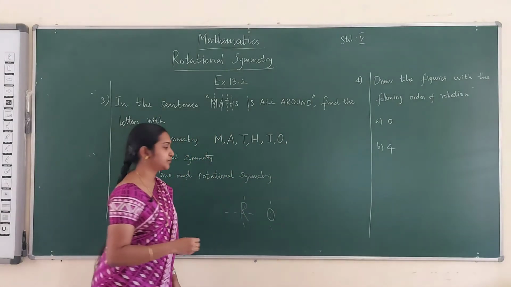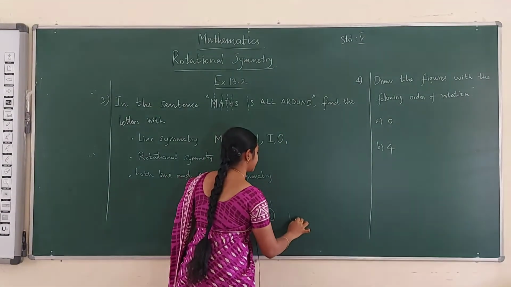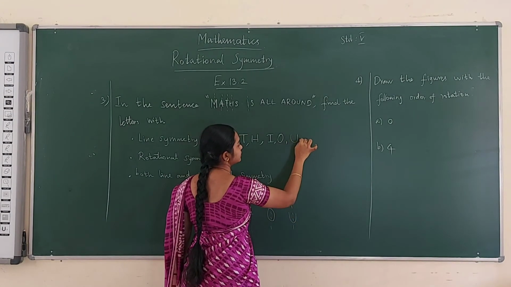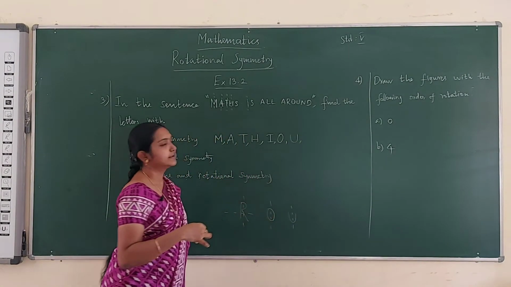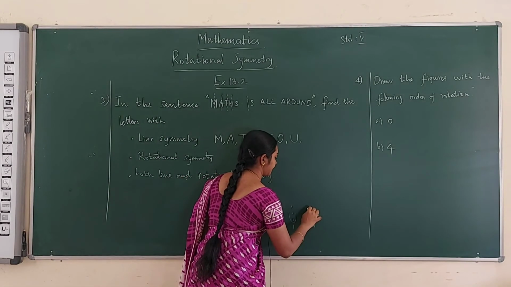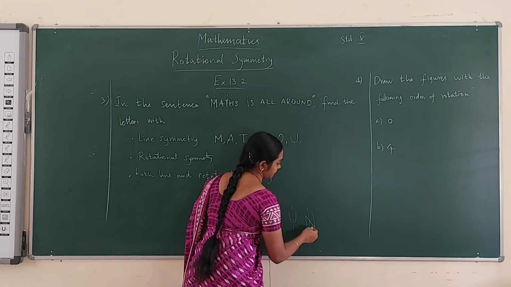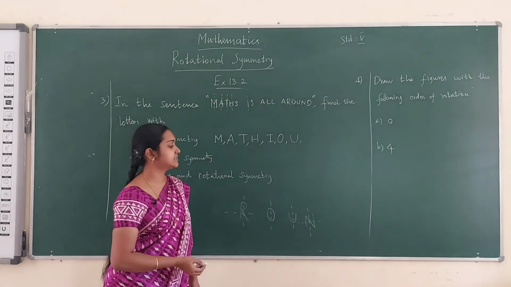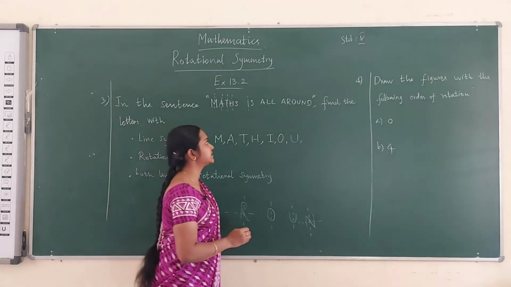Next U. It looks the same. So U is having line symmetry. Next N. It is not looking the same. So N is not having line symmetry.